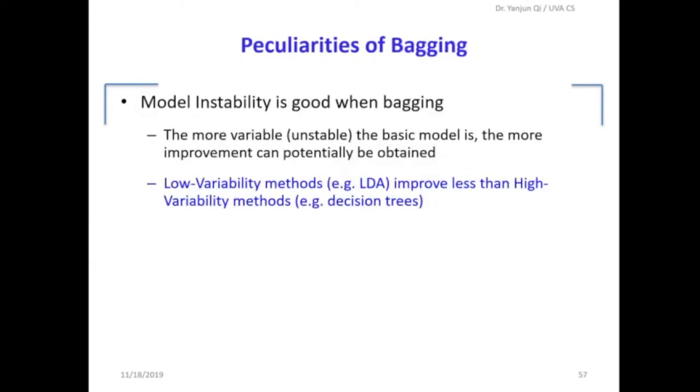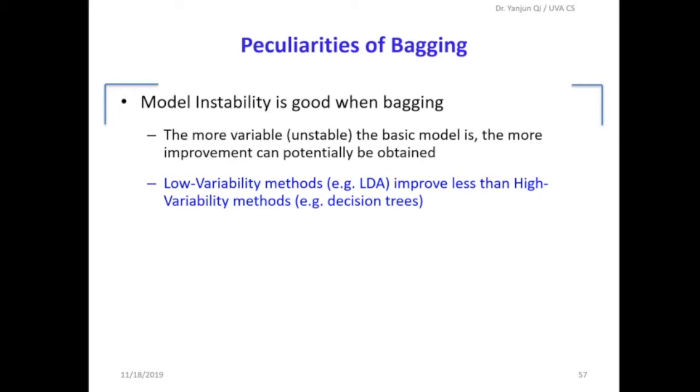The reason why we do this is that, in fact, the instability of decision trees is good for the purpose of bagging. If it's a very stable classifier, there's really not much variation, and whatever you bag, you're doing the same thing. For example, with SVM, if you have small instability in the margin, you always get similar margin separations.